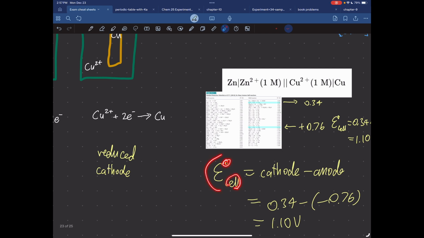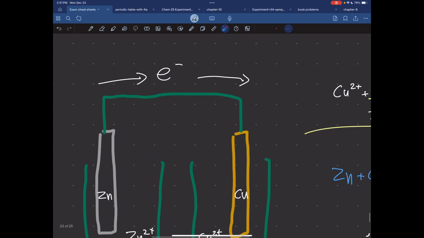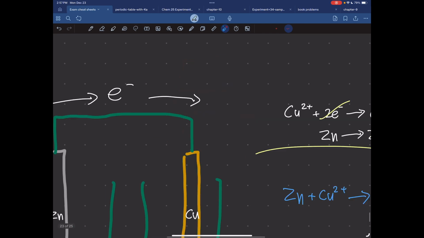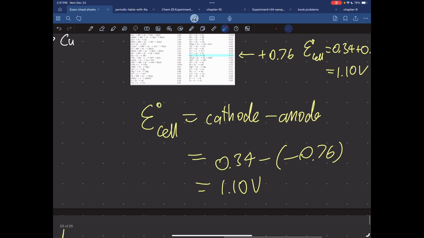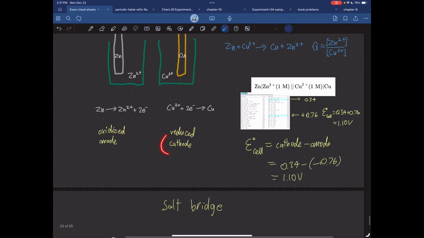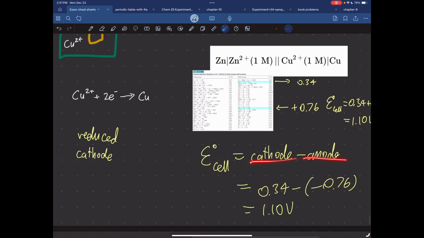But a super important thing is, how do you find the standard cell potential? What's the voltage of these electrons, if you put on a voltmeter here? How you find it is cathode minus anode. So cathode is this thing, and anode is this thing. And you want the standard reduction potential of the cathode and anode.